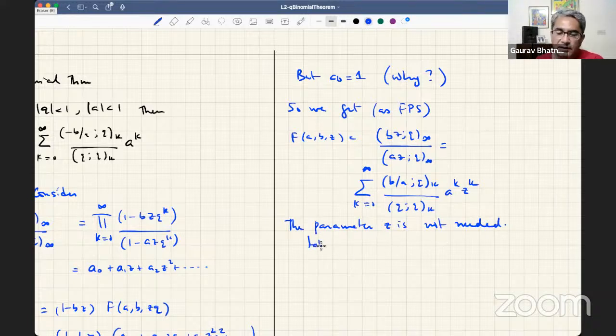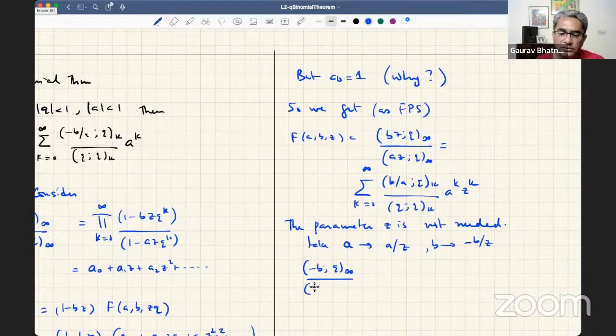So we take A going to A over Z, B going to minus B over Z, to get it in the form that Ramanujan wanted.